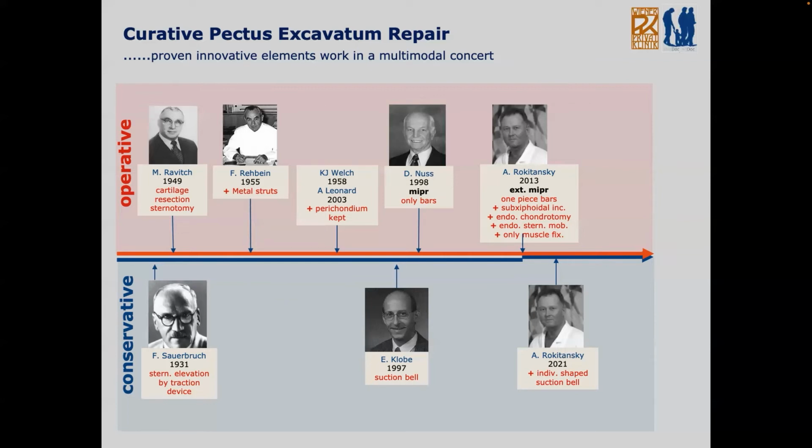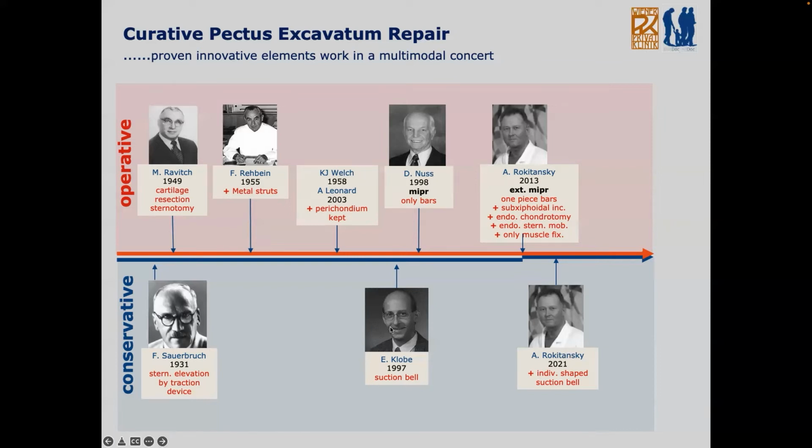If we look below, in the blue background, there is shown the historical course of conservative therapeutic measures of the funnel chest treatment. Sauerbruch introduced a technical system that lifts the sternum like a crane when the patient is lying horizontally in his bed.